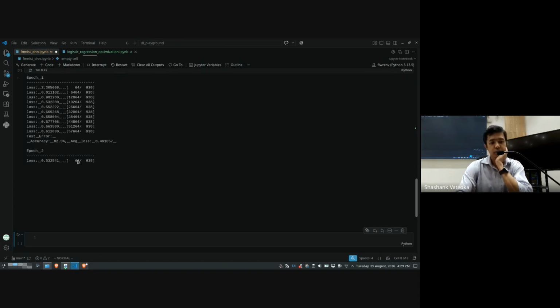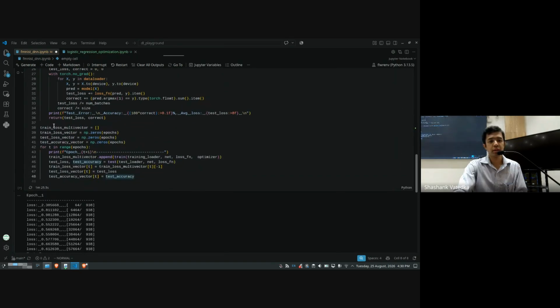Using this, at the end of the first epoch, I'm getting an accuracy of roughly 80 to 83%, which is roughly the same as what I got when we were doing logistic regression. So although I've increased the size of the neural network and I'm paying a much bigger price in terms of compute, I have not really gained much.